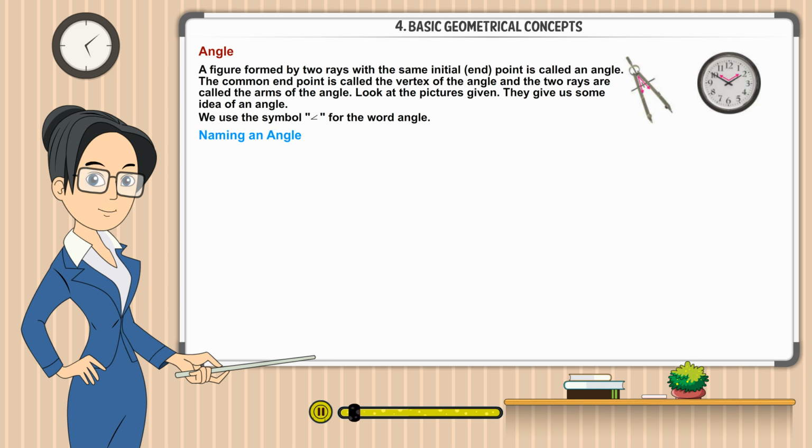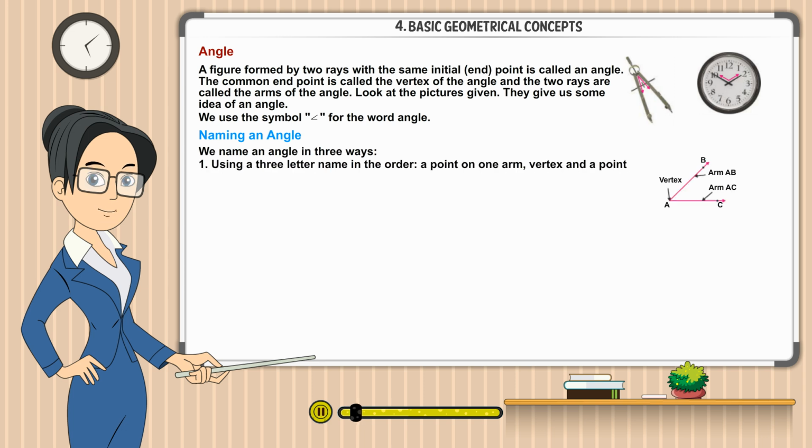Naming an angle. We name an angle in three ways. Using a three-letter name in the order: a point on one arm, vertex, and a point on the other arm. In the given figure, we name the angle as angle BAC or angle CAB.